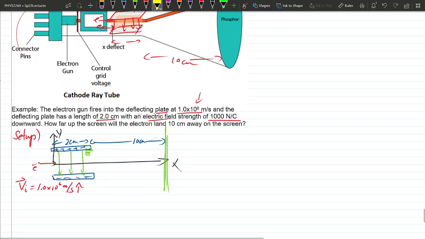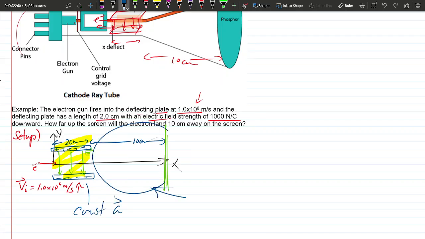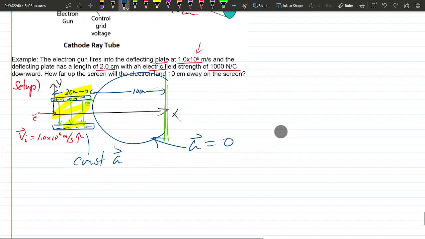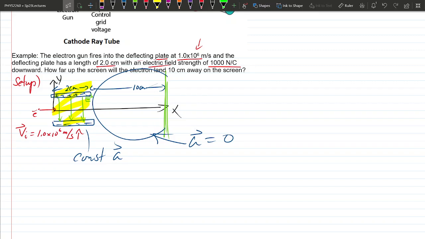So the important thing is that here we have to solve a problem with constant acceleration, but there we have acceleration equal to 0. I mean, technically it's constant, but we have no acceleration. So let's figure out what that acceleration is in the first place.